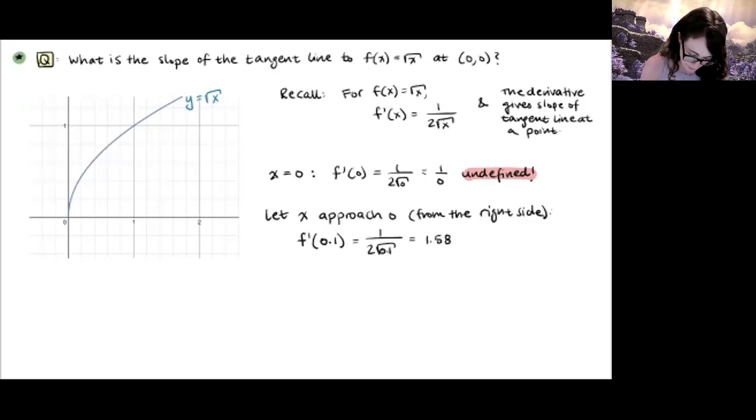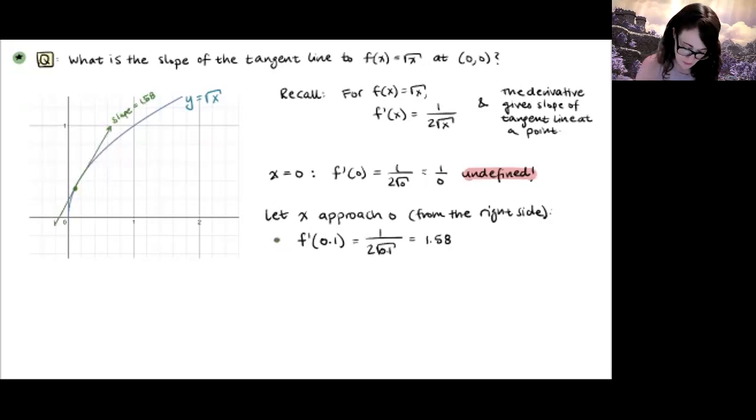If we look at the tangent line at the x value of 0.1, maybe about here, here's an approximation of that tangent line. So the slope is 1.58. And here's the x value, I'll make a dot here for the green, at x equals 0.1.